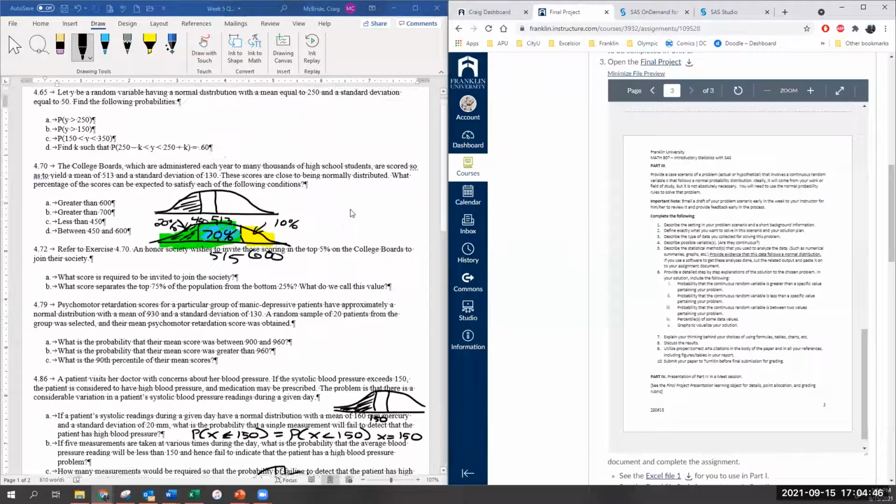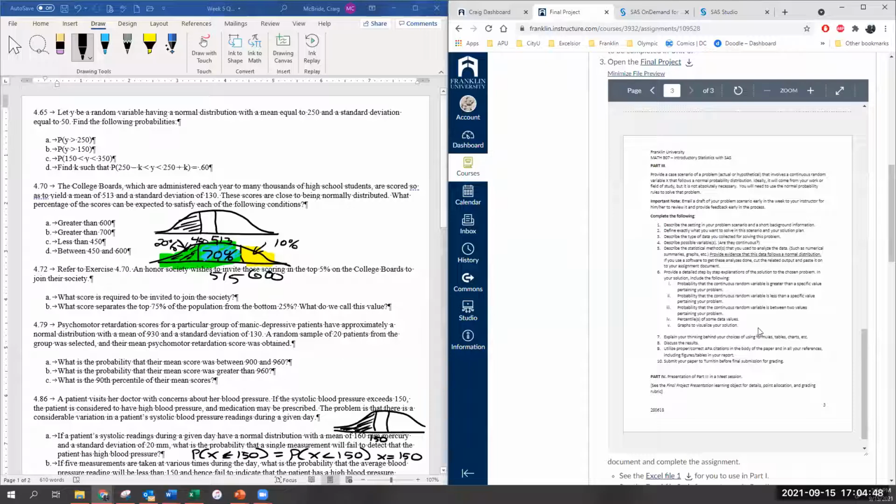All right, so this first question, I know it's impossible to read now, so I'll read it to you. It says, the probability that the continuous random variable is greater than a specific value. That sounds an awful lot like the probability that y is greater than 250, or the probability that y is greater than 150, right?